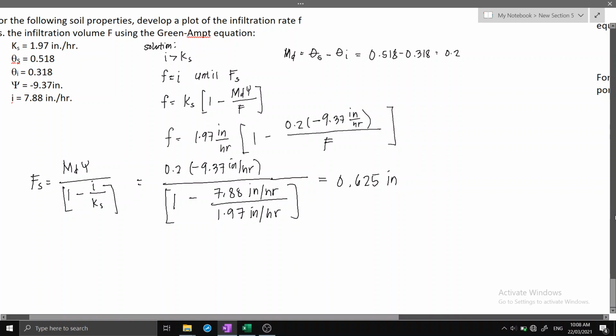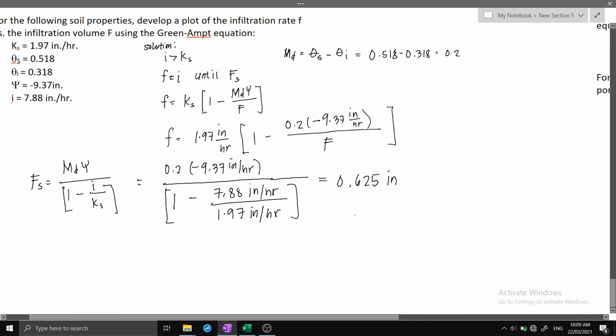So, when F is equal to 0 until F is equal to Fs, our infiltration rate is equal to the rainfall intensity.